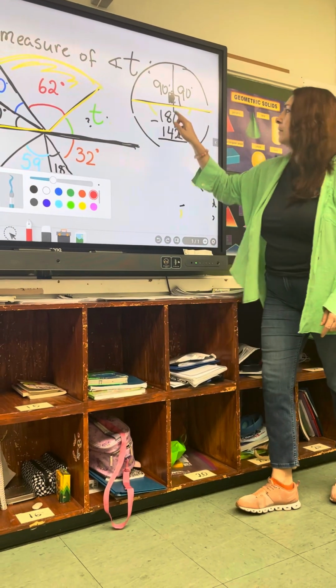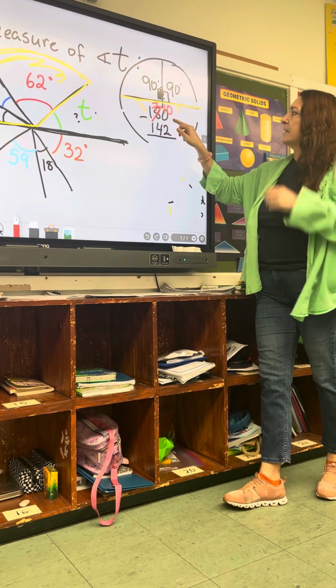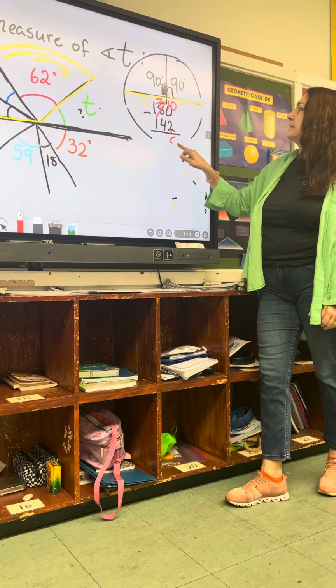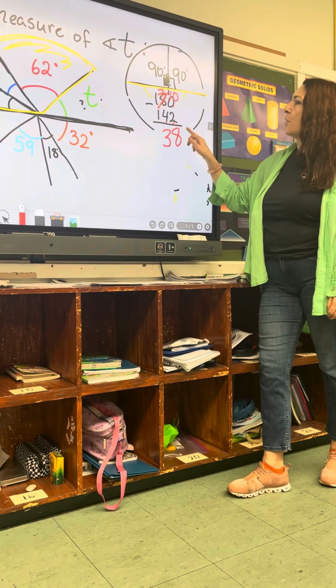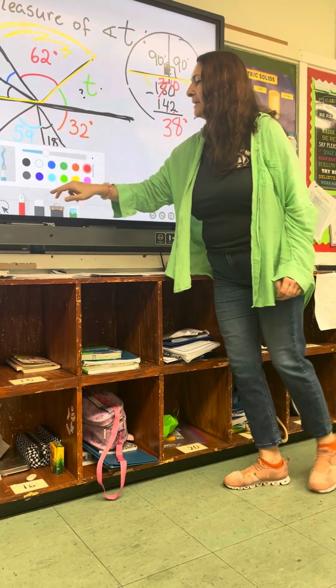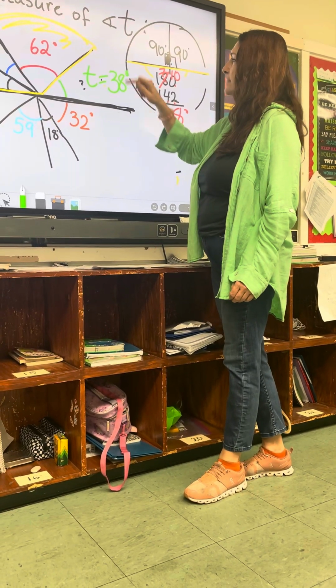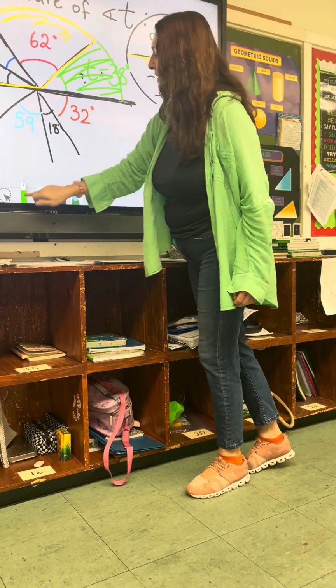Change the 0 to 10 from the 8. This becomes 10 and this becomes 7. 10 minus 2? 8. And 7 minus 4? 3. So the missing angle here, T, is equal to 38 degrees. So this is the missing one over here, 38 degrees.